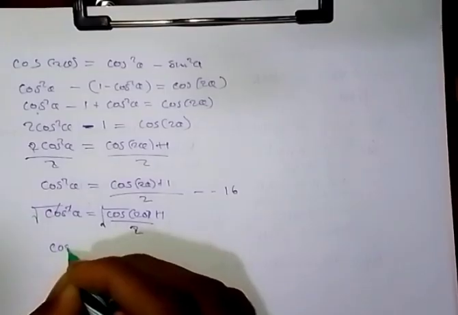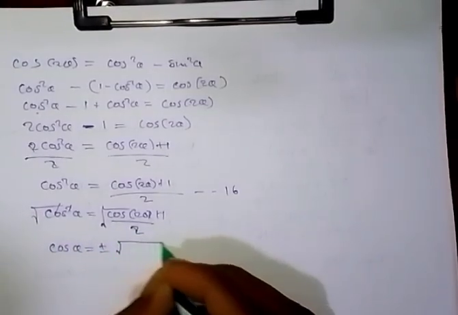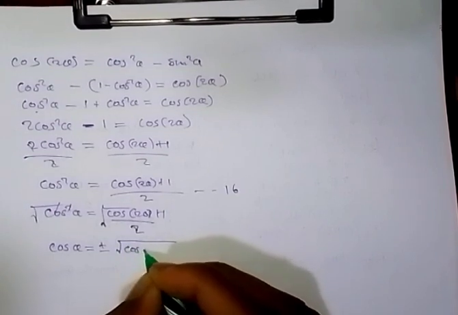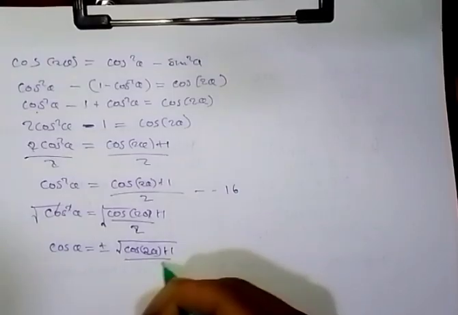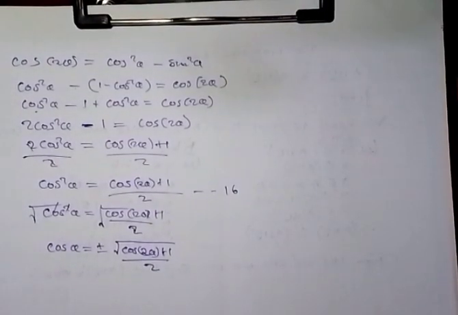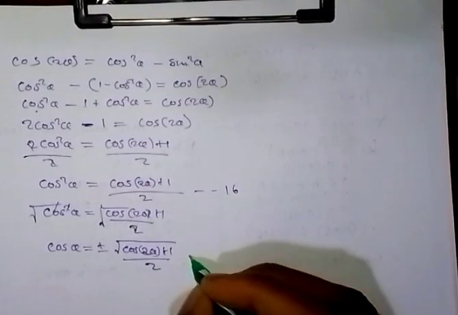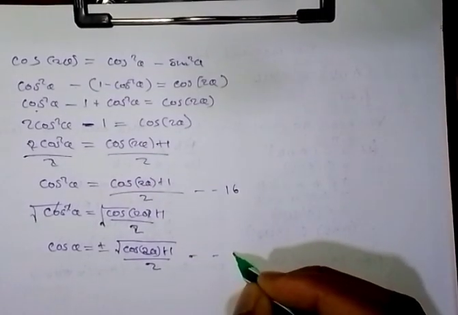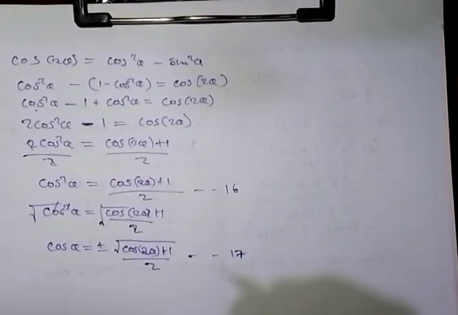Cos theta is equal to plus or minus the square root of cos 2 theta plus 1 over 2. We see also that this is the standard half angle formula for cosine, right? So from here, this is our identity number 17.